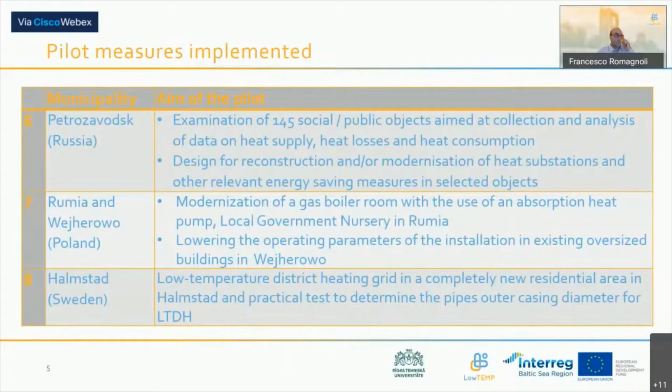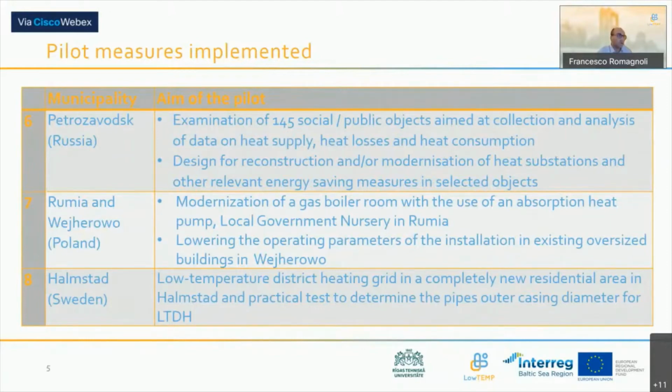We also had a Russian partner that made a really important pilot on precondition analysis in different buildings and possible design for reconstruction and modernization of a heat substation, potentially capable further on of accepting a low-temperature district heating system.